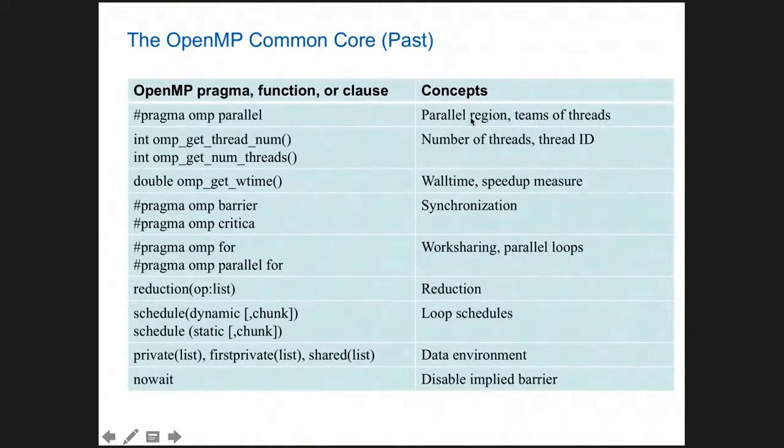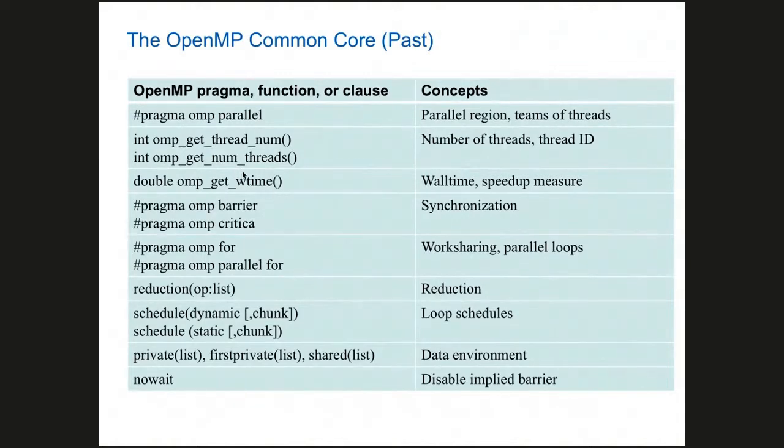It is actually parallelizing. It opens a team of threads. And then in a parallel OpenMP code, you always need to get the thread ID and the total threads in the team, so you know how many active threads are running for your code.